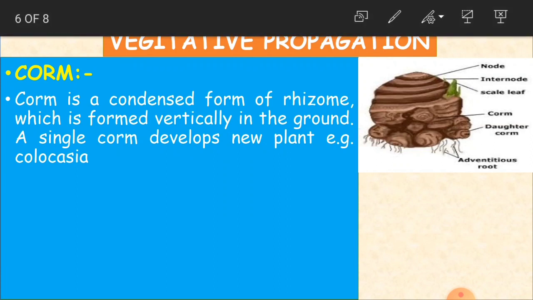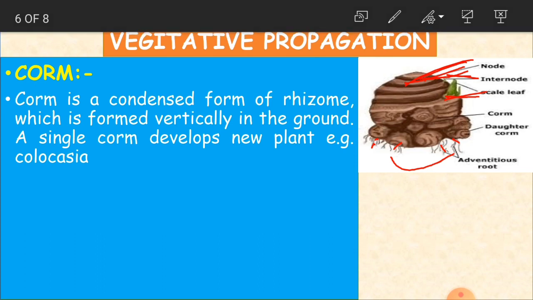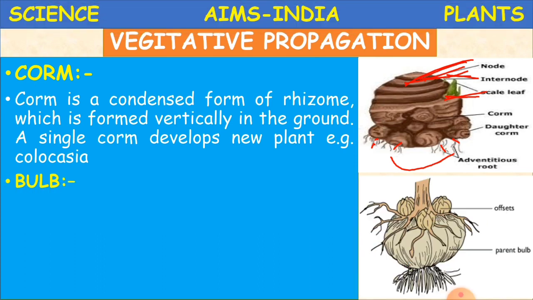See, if you see in the picture here, children, this plant is an example of a corm, where this is the node, and from this node you have an internode and a scale leaf here. You are seeing roots growing from these nodes, and the new plant starts growing from the same node. So this is how the corm is. Okay children, now bulbs.